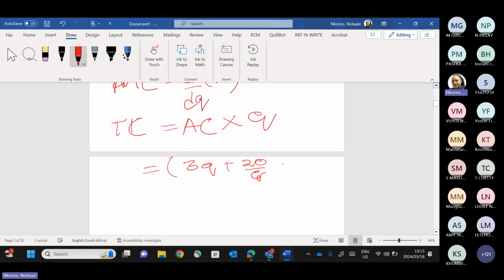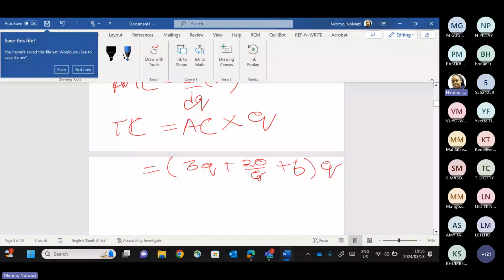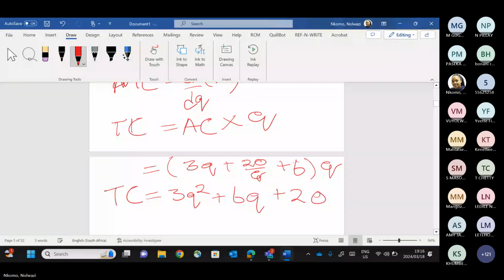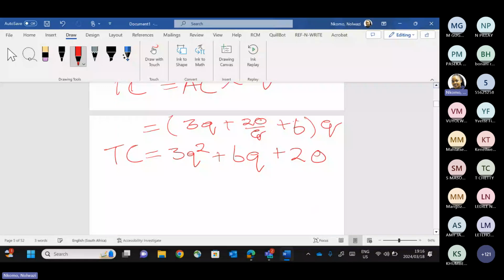Okay, if we multiply and simplify this, you'll have 3Q squared plus 6Q plus 20. And this is the total cost function, right?